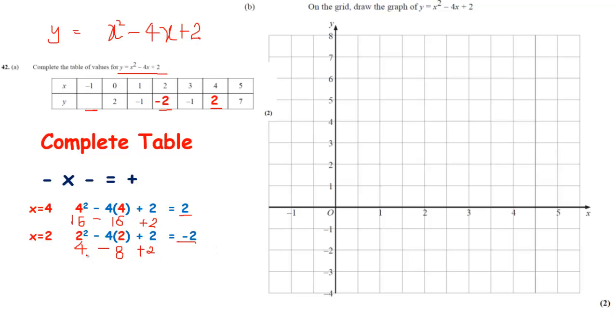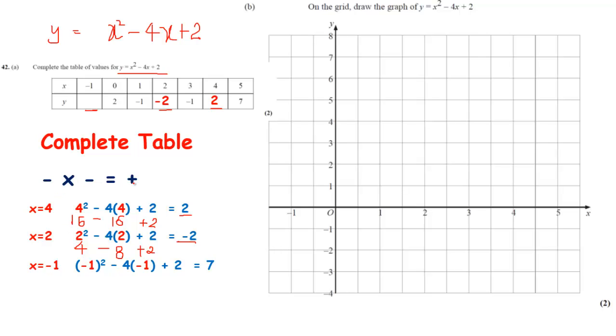Now this is maybe the most challenging one altogether, when x is minus 1. Look at this, right? Using brackets does help. It's pretty much essential to use brackets, especially if this was a calculator paper and you were putting these into your calculator. You need to put brackets around the minus number, or else the calculator gives you the wrong answer. Okay, but in this case, we could work this out. Minus 1 times minus 1.